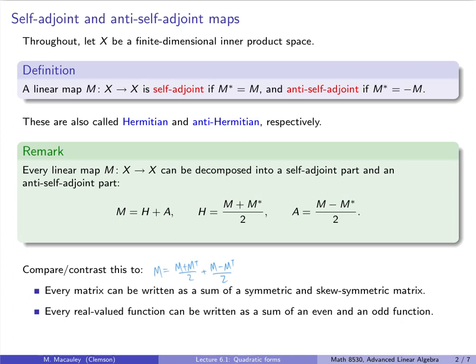Now, let's do a specific example of this for a 3x3 matrix. In that case, the space of linear maps from, say, HOM of R3 to R3 has dimension 9. And let's think about the subspace of symmetric matrices and skew-symmetric matrices. I claim that this has dimension 6 and this has dimension 3.